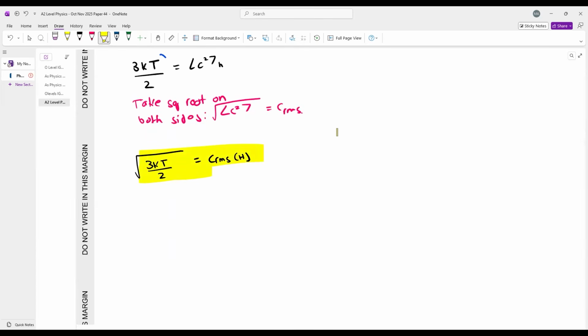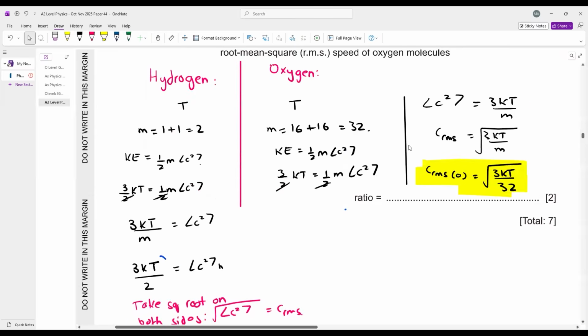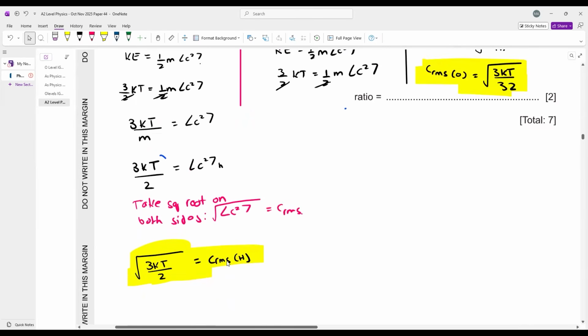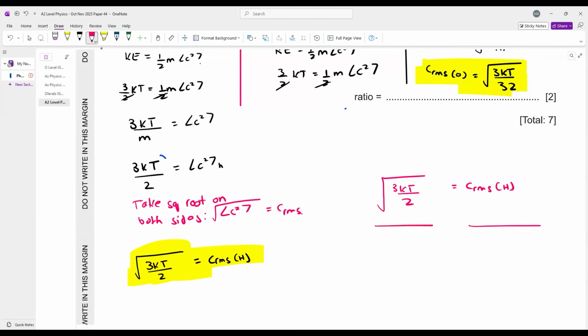And this is your CRMS of hydrogen. What do you have to calculate? CRMS of hydrogen divided by CRMS of oxygen. You have to take the CRMS of hydrogen, that is the square root of 3kT divided by 2. Take this value and divide by the CRMS of oxygen. What is the CRMS of oxygen? The square root of 3kT divided by 32.